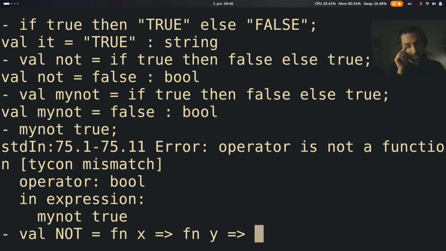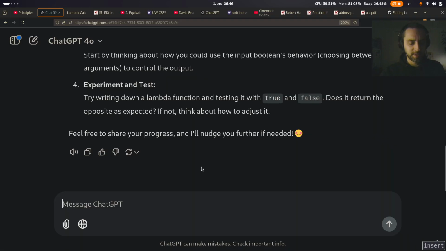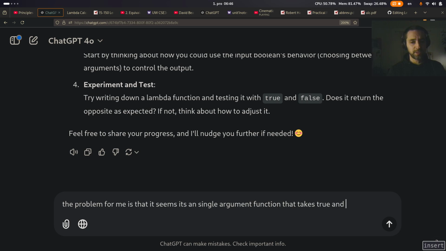How do you say the opposite? You see the problem. The problem for me is that it seems it's a single argument function that takes true and outputs false.